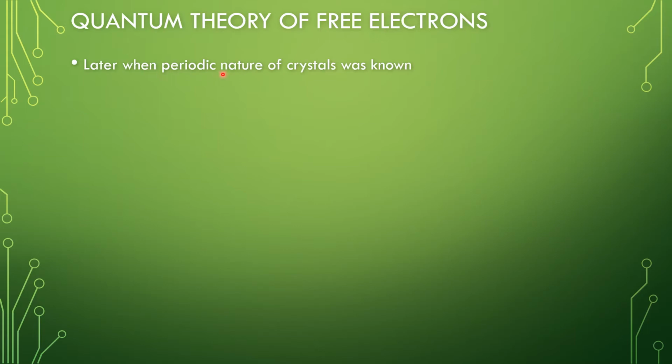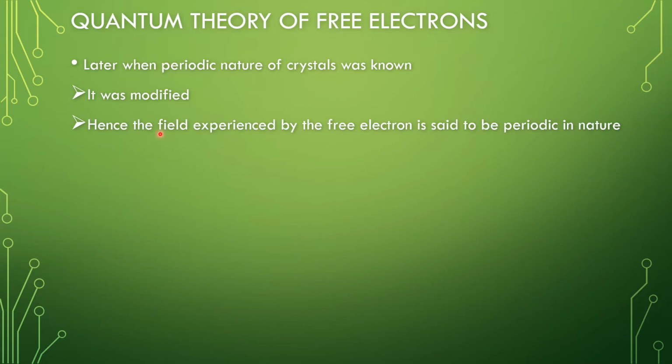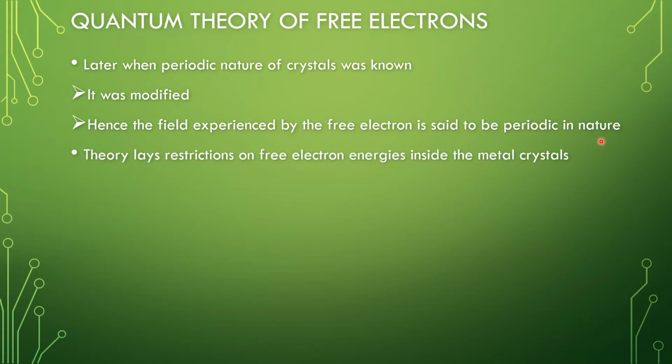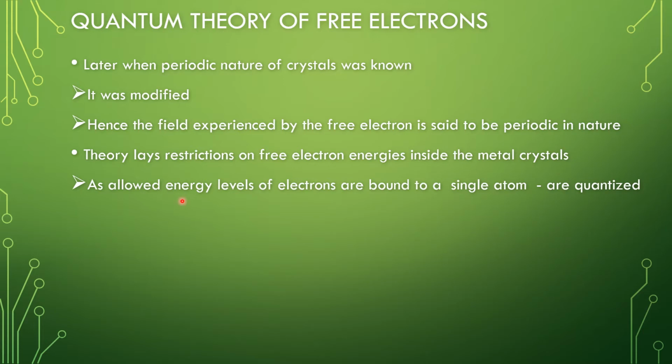Later, when the periodic nature of crystals was known, it was modified. Hence, the field experienced by the free electron is said to be periodic in nature. The theory lays restrictions on free electron energies inside the metal crystals, as allowed energy levels of electrons bound to a single atom are quantized.